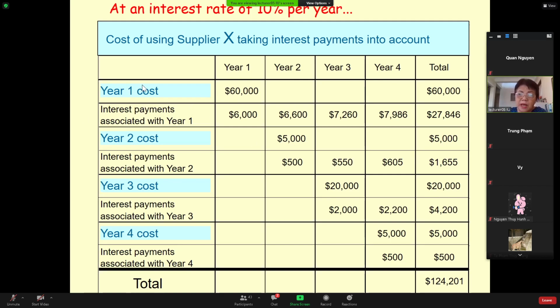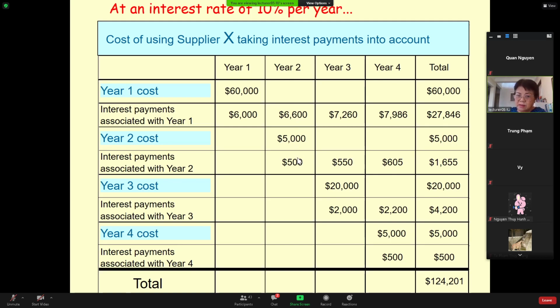And you split the cost: how much you have to pay that supplier in year 1, and how much interest payment is associated with year 1, year 2, year 3, year 4. That's for the interest. And how much do you have to pay supplier X in year 2?